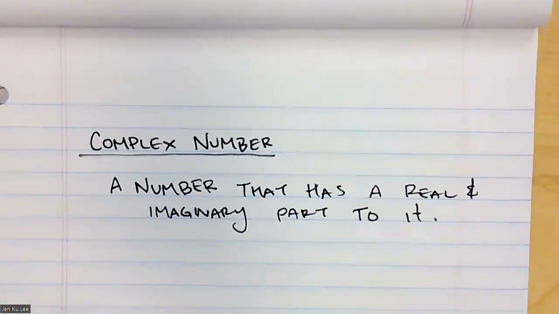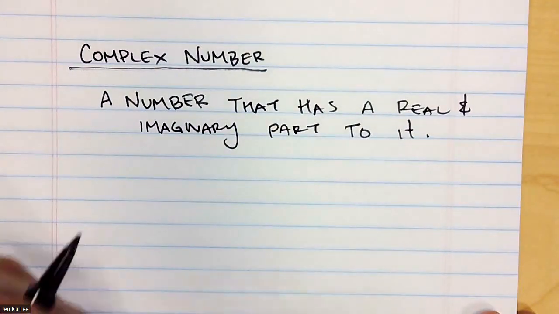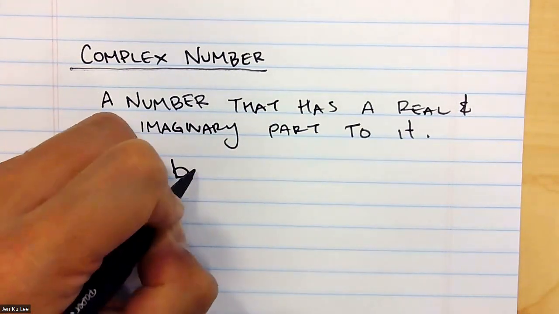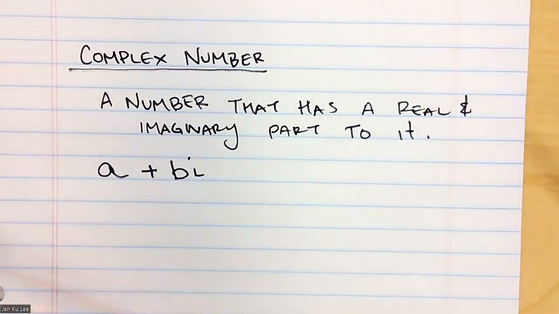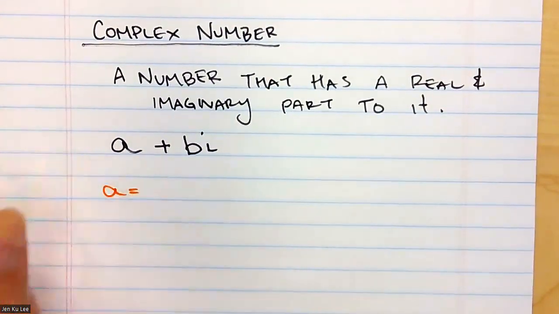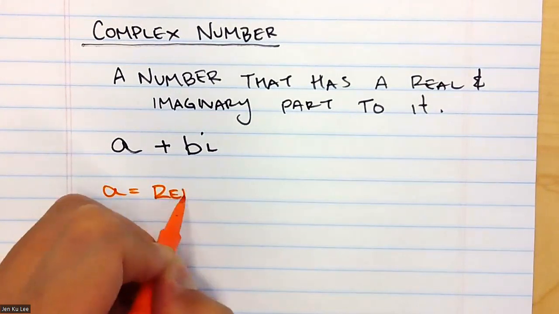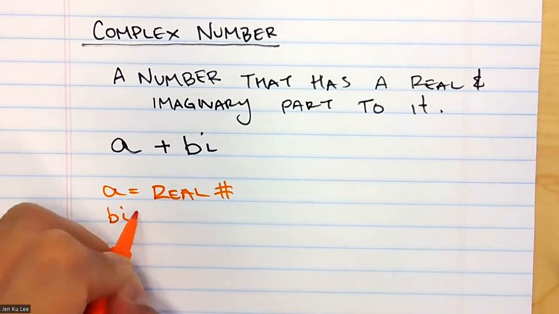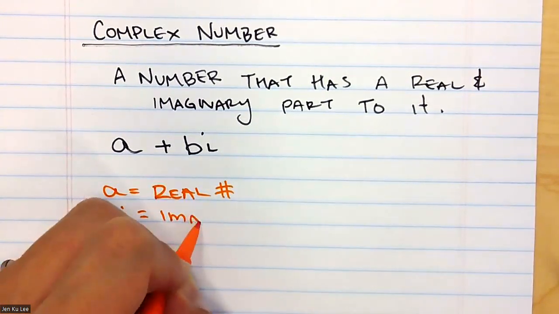Okay? So you can think of a complex number as a plus bi, where the a is your real number and bi is your imaginary number.